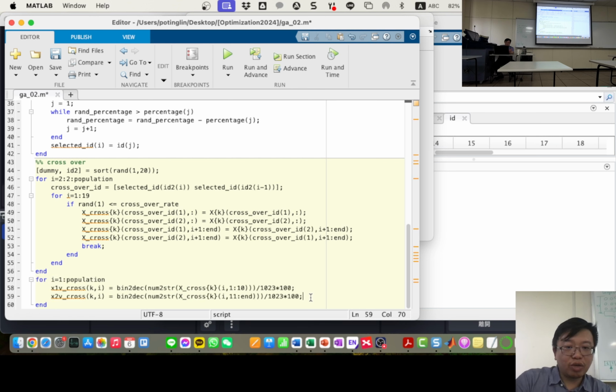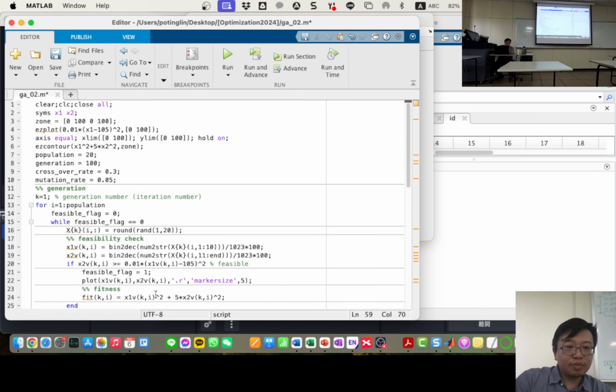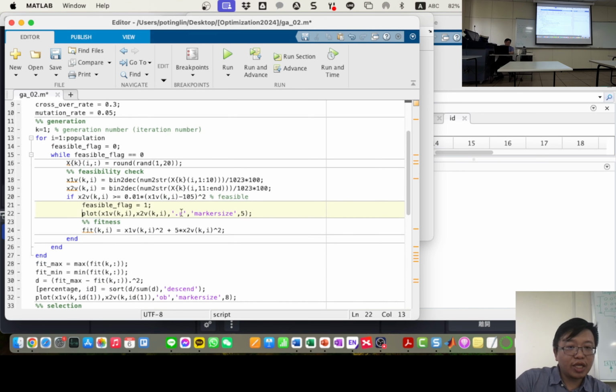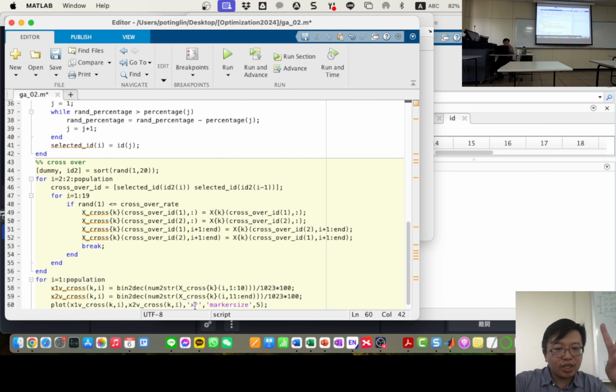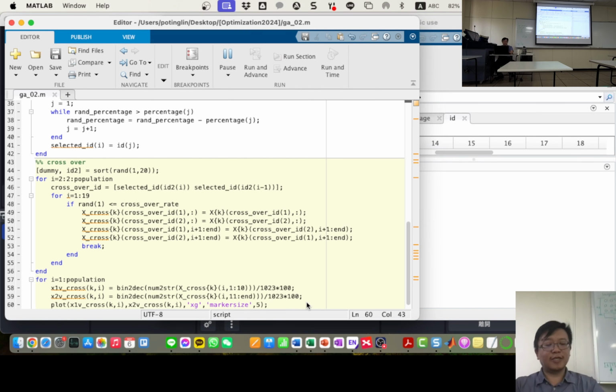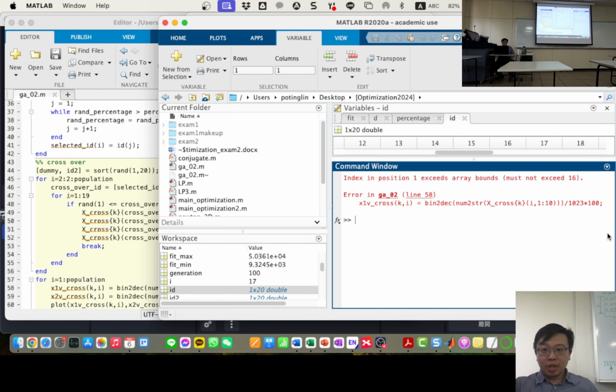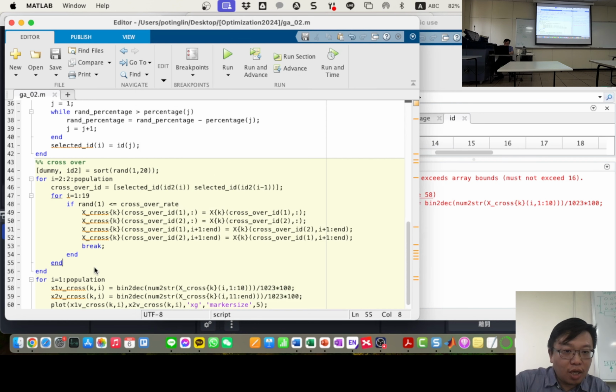Same way to compute. So plotting, same way of plotting, but plot out the one after crossover. Here I'm gonna use a cross, maybe green color. Let's take a look. Okay, something's wrong. Okay.